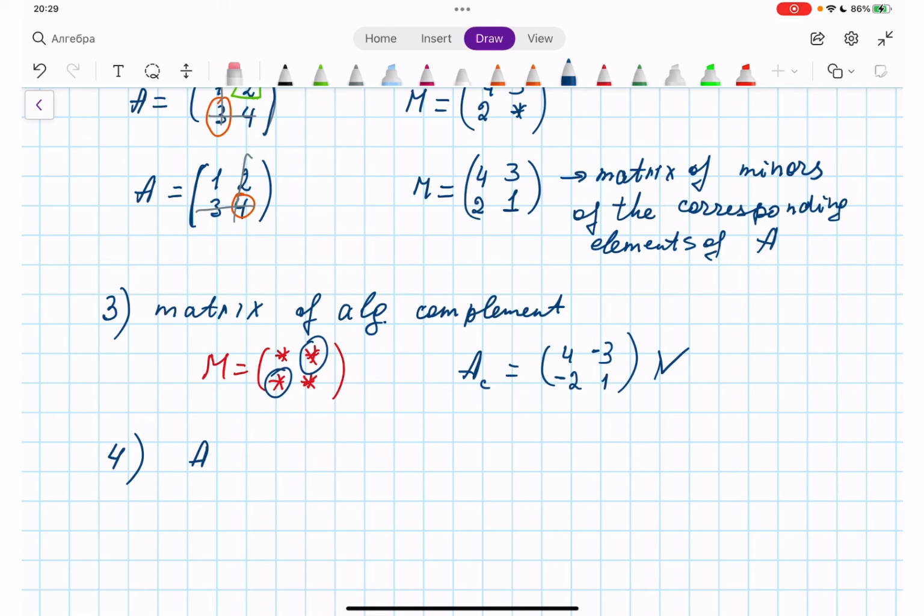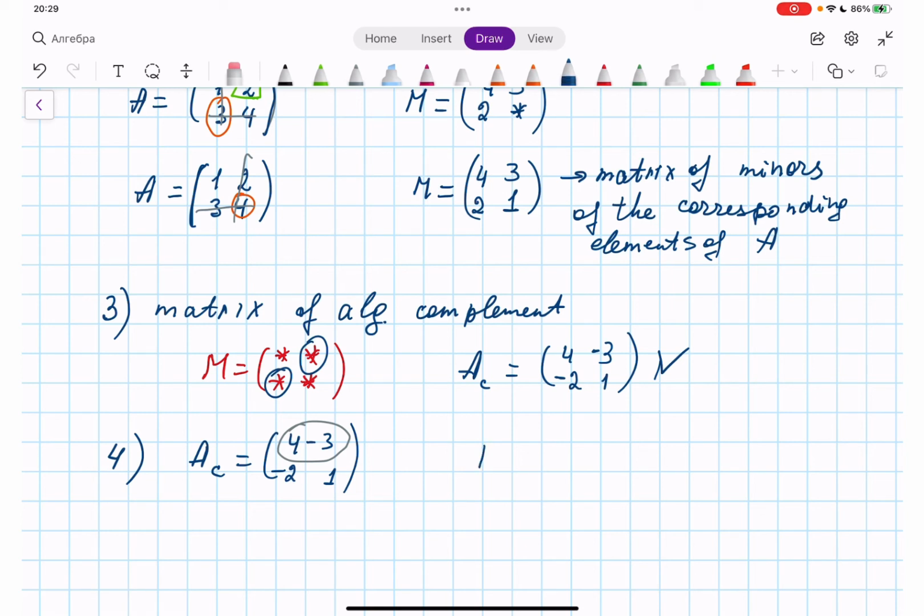For my A complement, that is equal to 4, negative 3, negative 2, and 1. Okay, so what am I doing? This 4, negative 3, that's a row. I'm going to represent it as a column.